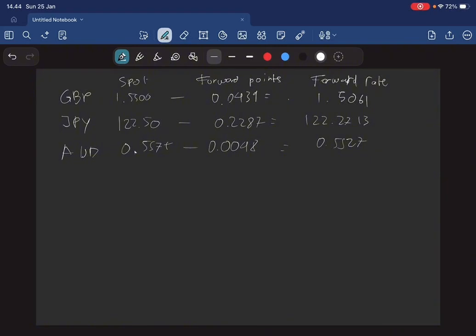Now the difference between the spot and the forward rate is the forward points. So in the example, we just see that spot minus forward rate is the forward point. The forward rate neutralizes the interest rate differential, making you indifferent as to whether you buy a currency spot or forward.